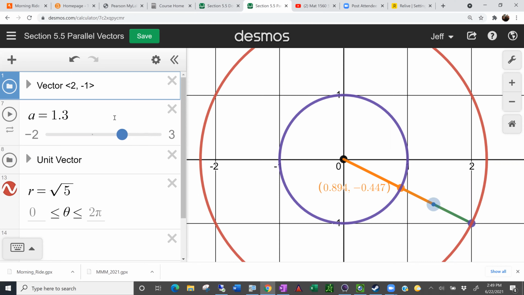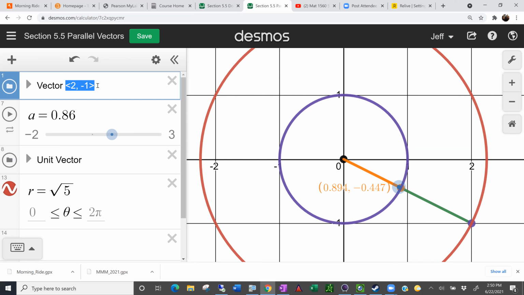And that's going to shrink it down so that it's on this purple circle, which is everything of length 1. Can you follow me that the length of this vector is the square root of 2 squared plus -1 squared? 2 squared is 4 plus 1 is 5. So the length of this vector is the square root of 5.